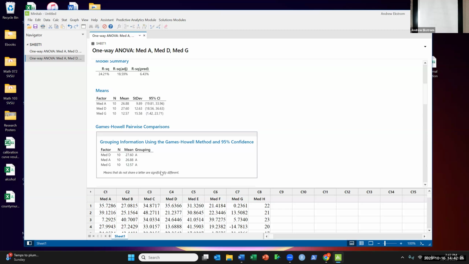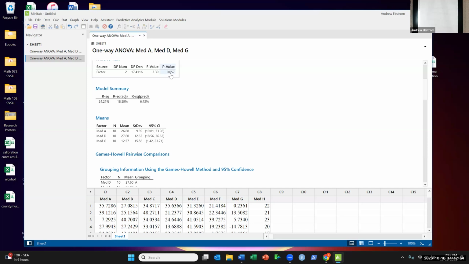We had previously assumed that all the variances were equal. And we had DNA were in one group, and then G was significantly different from those two. What's happening this time? It's telling us that all three of these groups seem to be the same. We can't tell the difference between them.